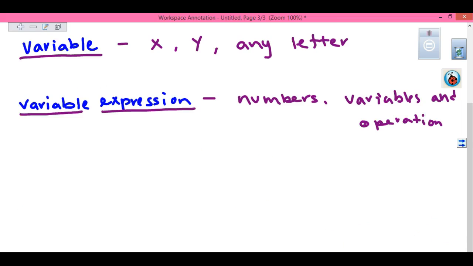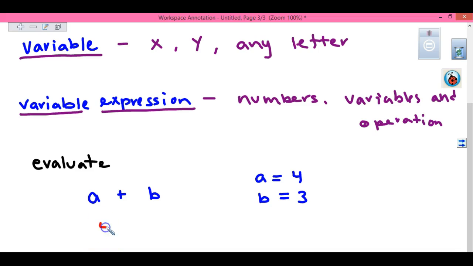So if we have to evaluate a variable expression, say we have a plus b, where a is equal to 4 and b is equal to 3. How would we evaluate this?